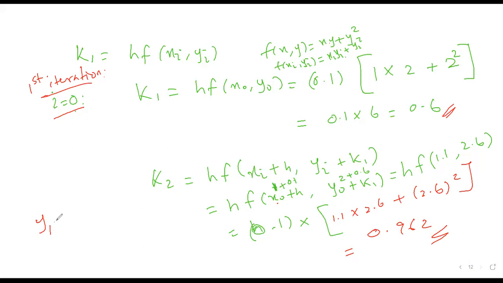So what is our y1? y1 will be, in the Runge-Kutta second order, y i plus 1 is equal to y i plus half of K1 plus K2. So if you substitute, y naught I know is 2, plus half of K1 which is 0.6, plus K2 which is 0.962.